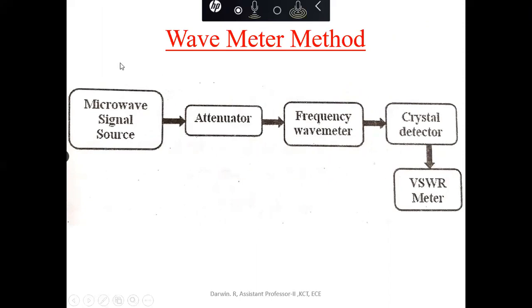The signal generated by the microwave signal source will pass through the isolator and reach the frequency meter. This is the point where we find the frequency of the signal generated by the source. The source will not show you the frequency of the signal it generates.